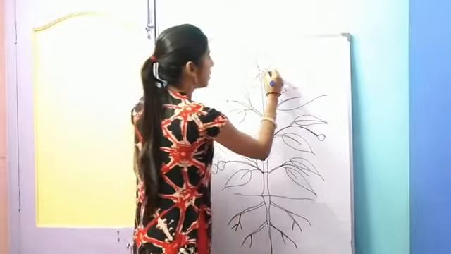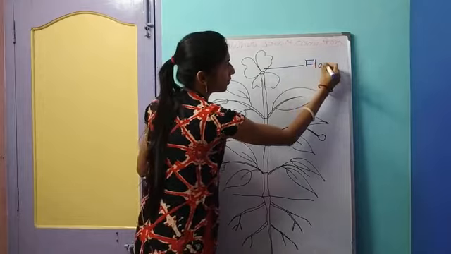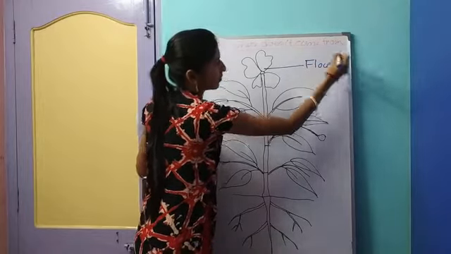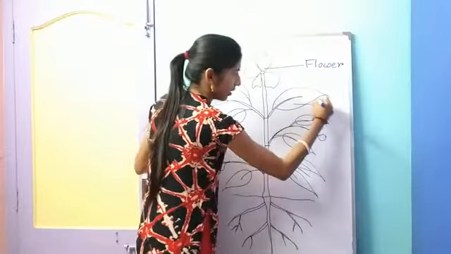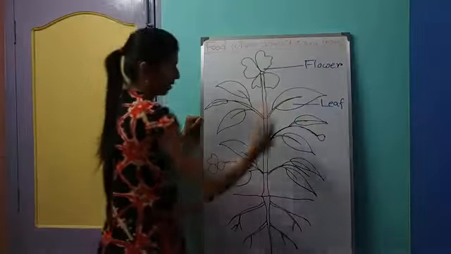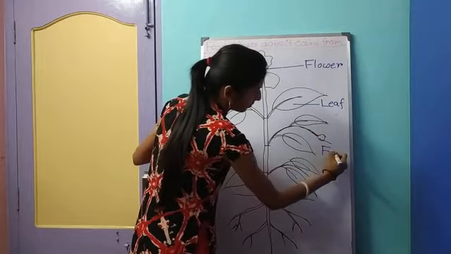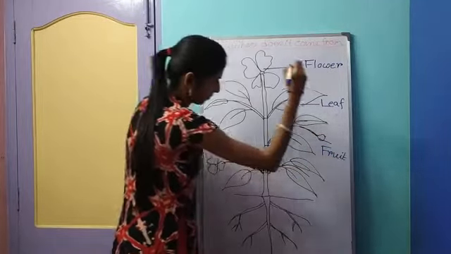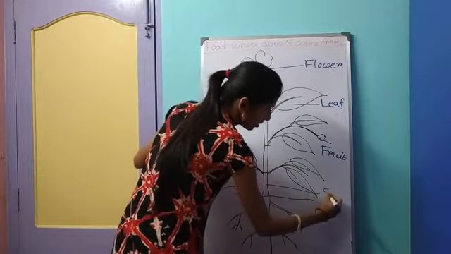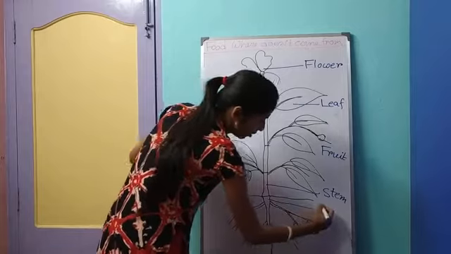So what is that? You know, it is a flower. And it's a leaf. This is a fruit. This is stem. This is root.